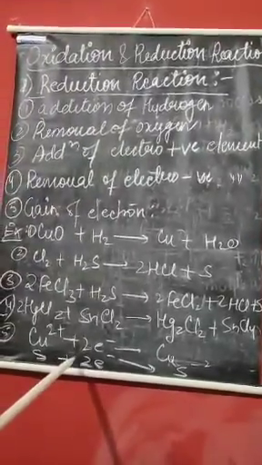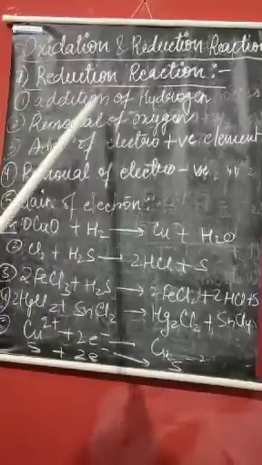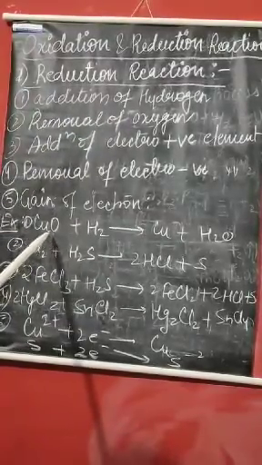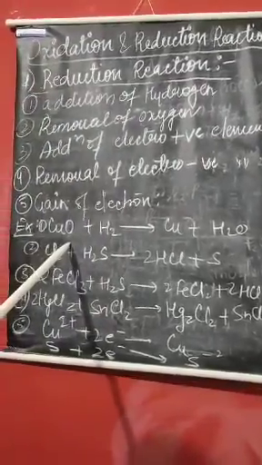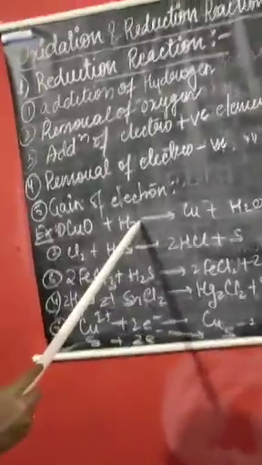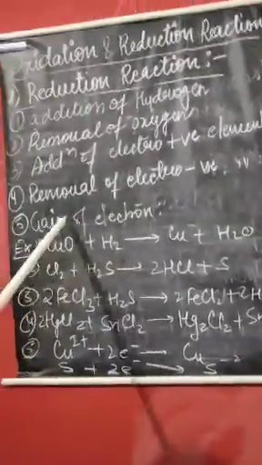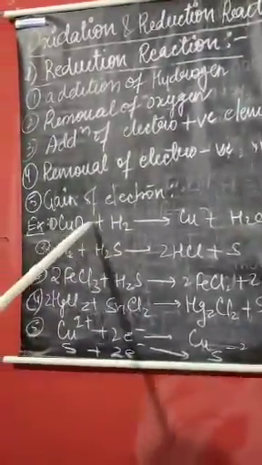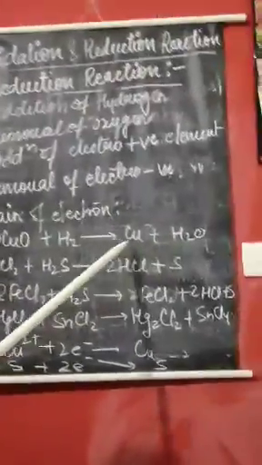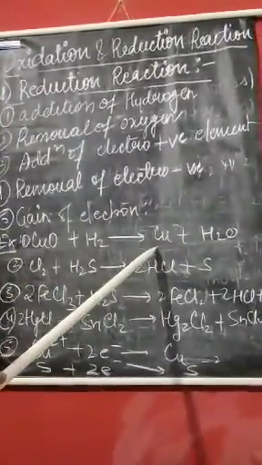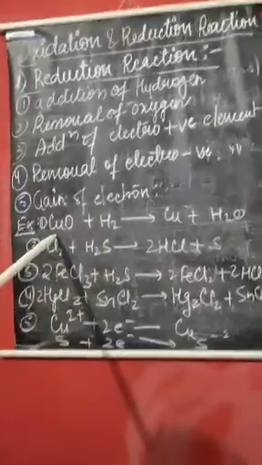Now we will see examples one by one. If addition of hydrogen, such as the first example which is given here, when copper oxide reacts with hydrogen. Now you see this hydrogen gas is combining here. So there is formation of water molecule and copper remains like that. So this is addition of hydrogen.